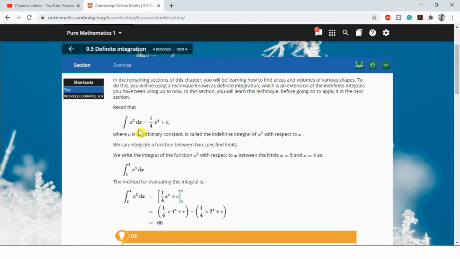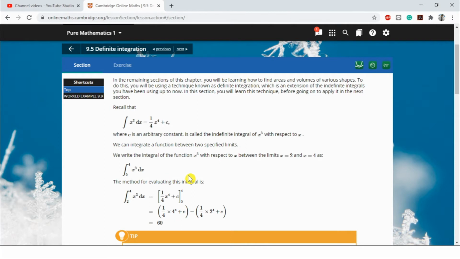So for x cubed, it will be 1/4 of x to the 4th plus c, still indefinite. But if you put specific limits on this integral, from 2 to 4, for example, we can write from 2 to 4 in the integration notation, x cubed dx.